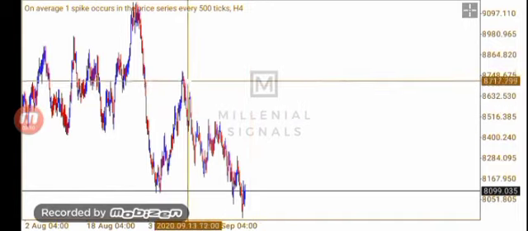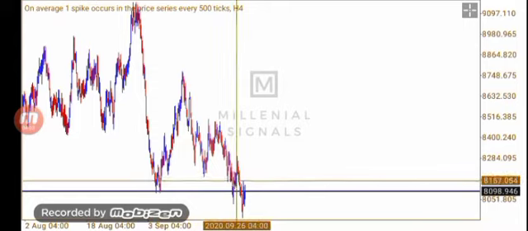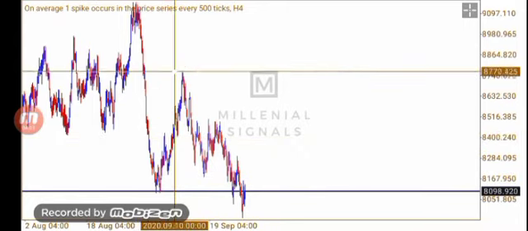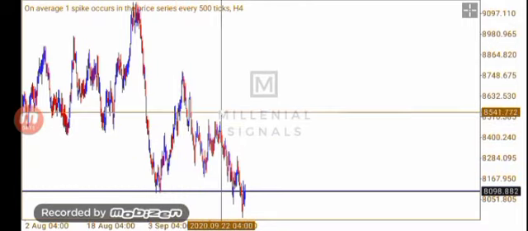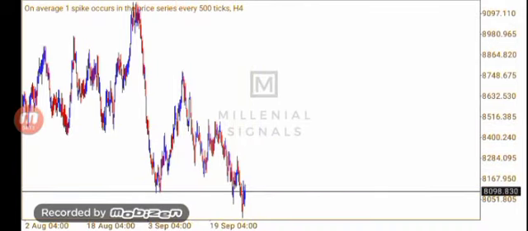The market has been trending downwards. It has been making a series of lower highs and lower lows. So this tells you that the trend of boom 500 at this point is a downtrend.